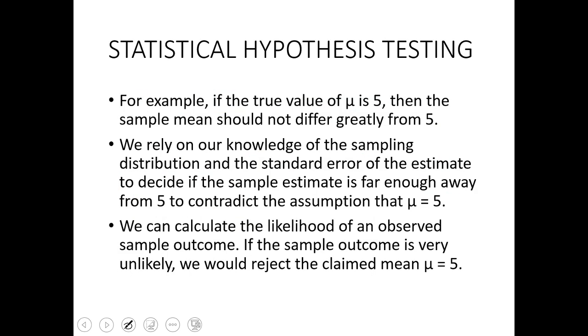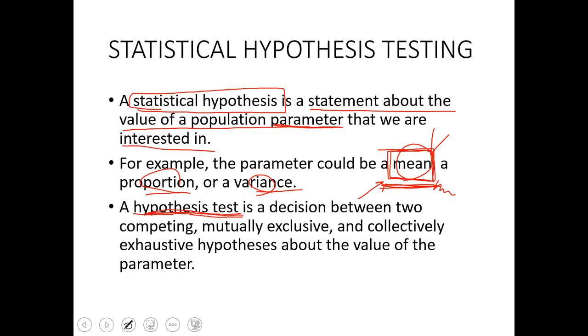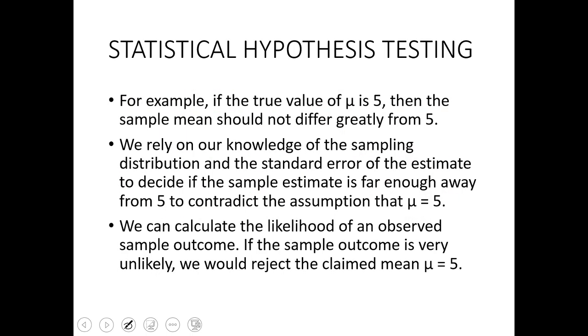So for example, you need some threshold, a benchmark. You'd like to estimate the true value of the population mean. We don't know the true value of the population mean, but let's assume that the true value of the population mean is 5.